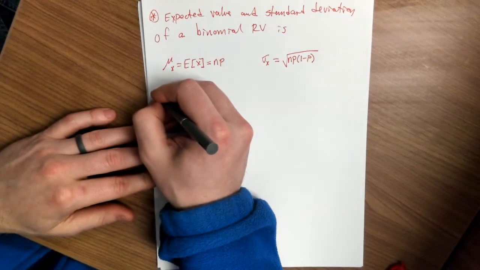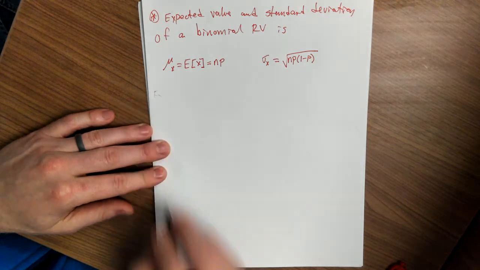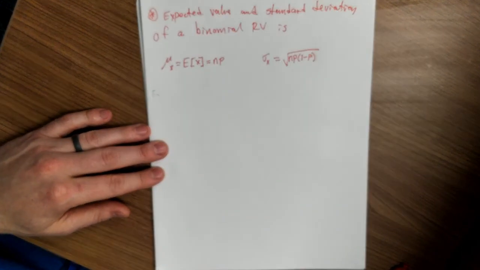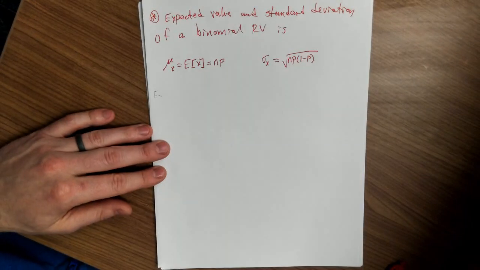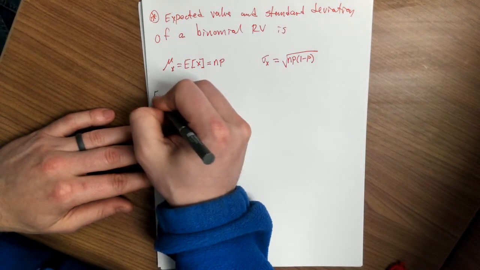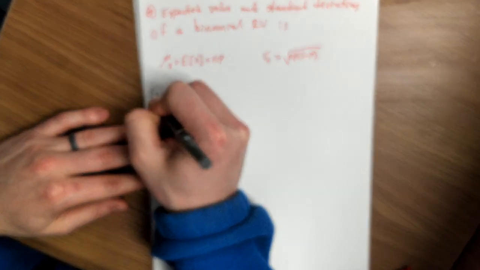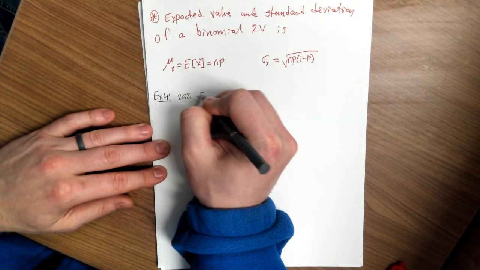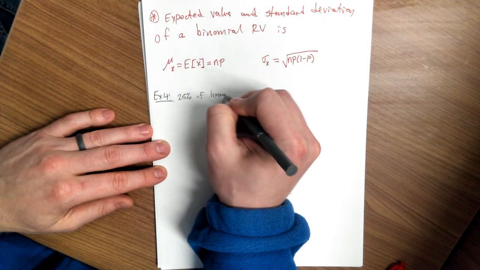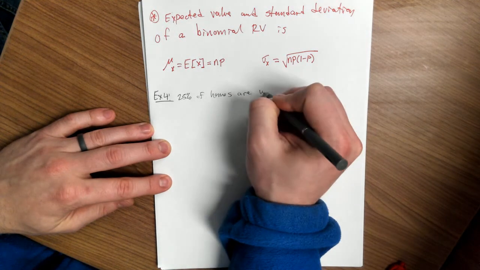Alright, let's look at an example real quick of how to evaluate these. Example 4. Let's see, 25% of homes are wireless only.